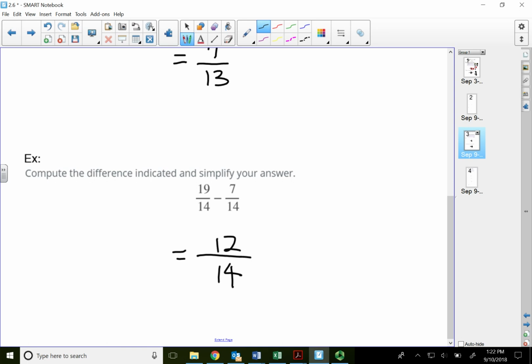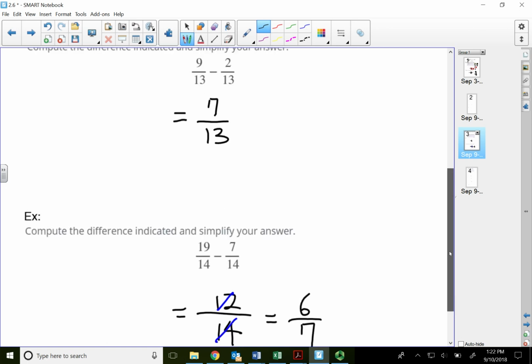And 12 and 14 can be reduced by 2. Make sure you reduce your fractions in order for the homework and the test to count it correct. So that will be 6 over 7. I mentioned this one time before, consecutive numbers can never be reduced. So 6 over 7 will be my answer.